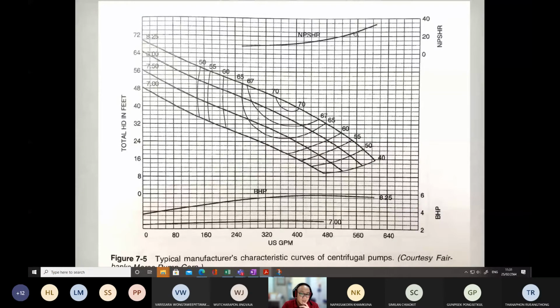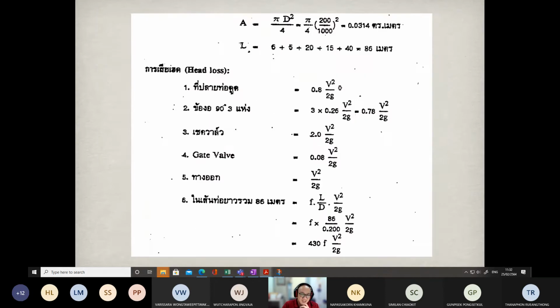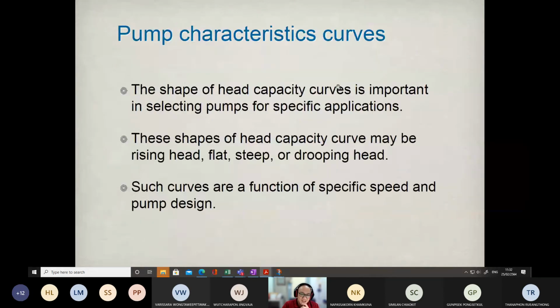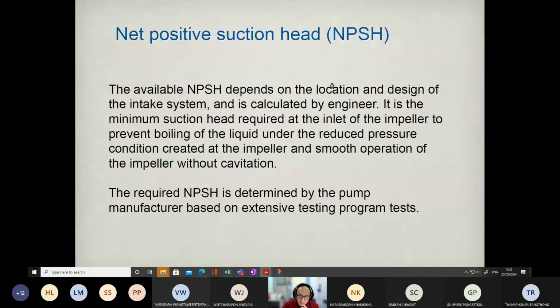Here is the NPSH curve with a subscript R, which refers to the required NPSH. NPSH-R is the required NPSH, and it is provided by the manufacturer.